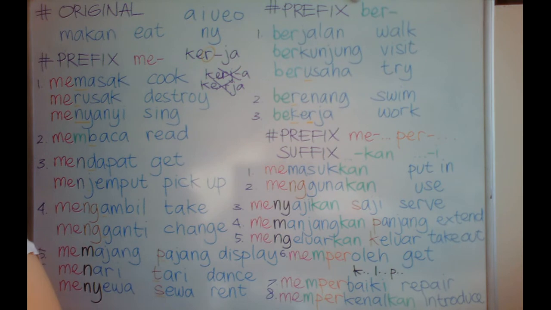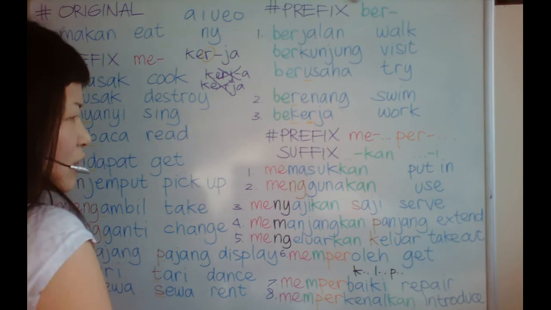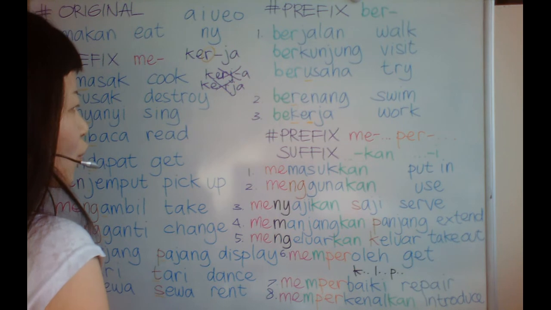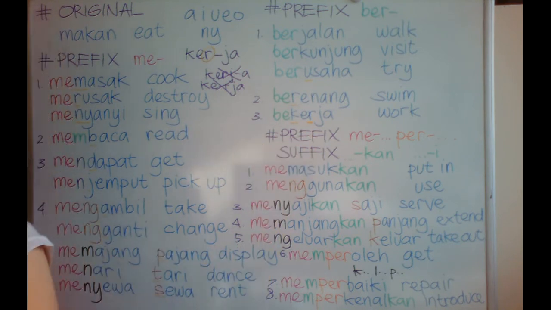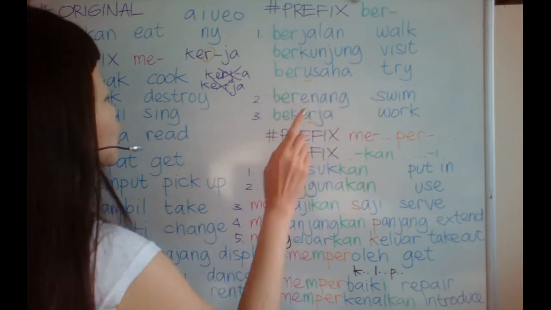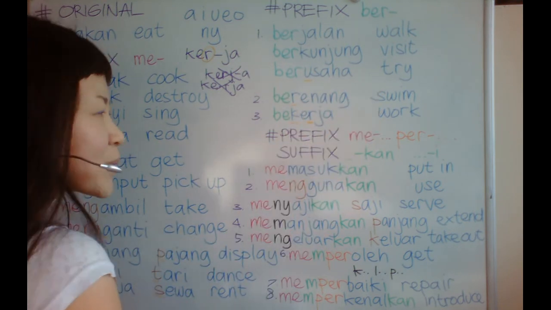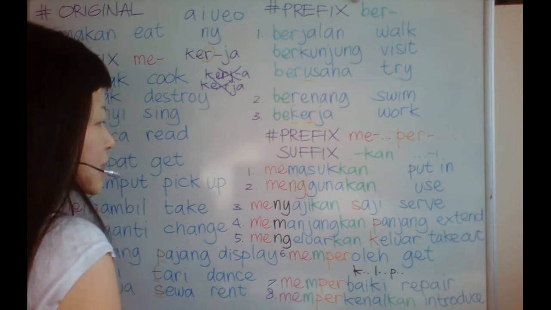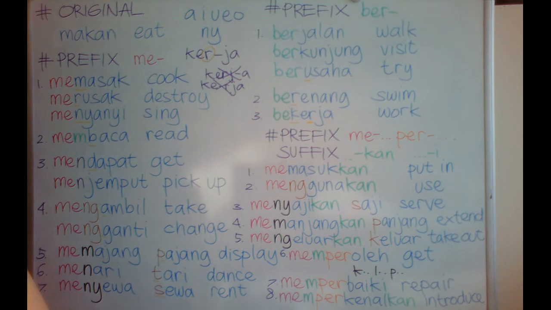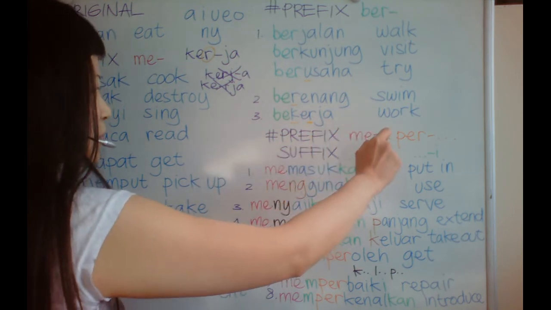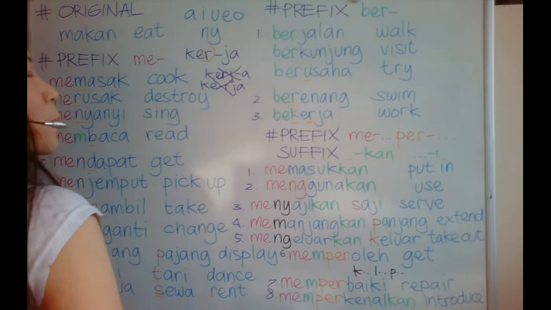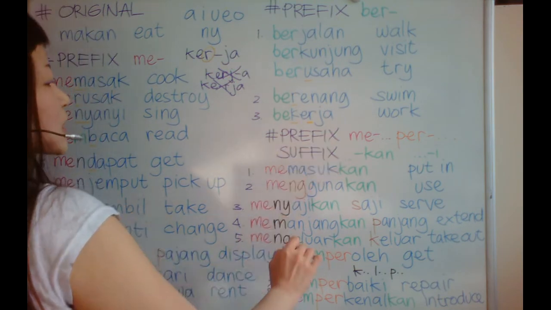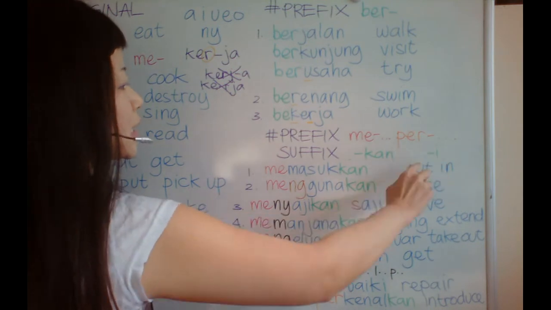And this one, sometimes the verb in Indonesian language also has prefix, also has suffix, also has prefix and suffix, also has 2 prefixes and 1 suffix, or only 2 prefixes. We will see here. The prefix is me, sometimes with per, also per, suffix kan or i.